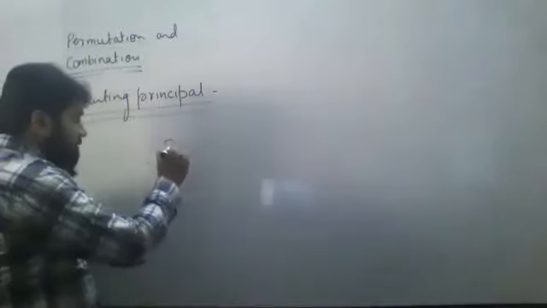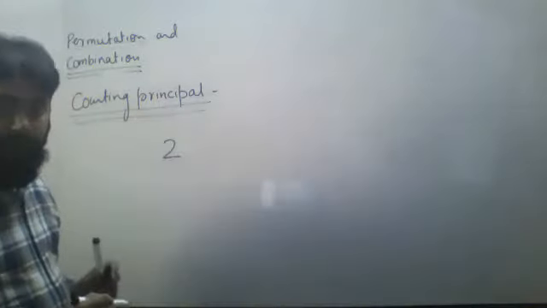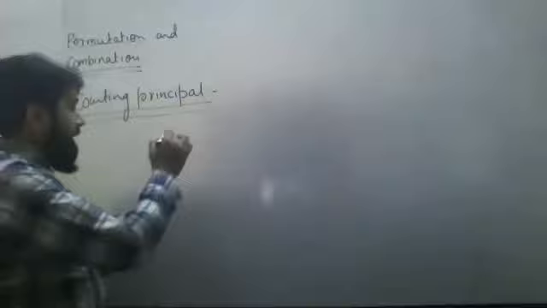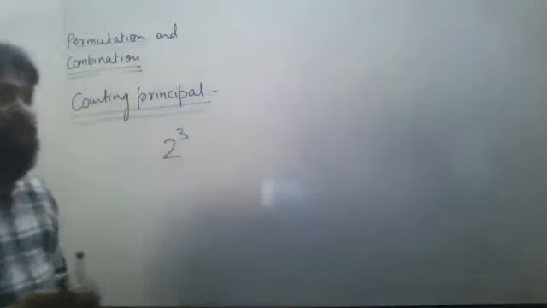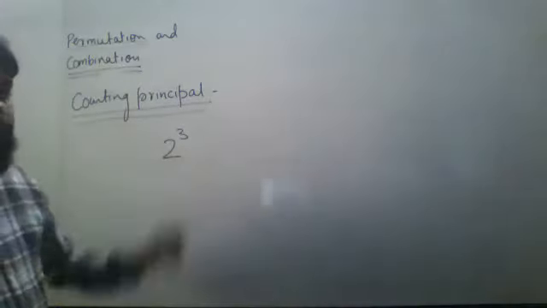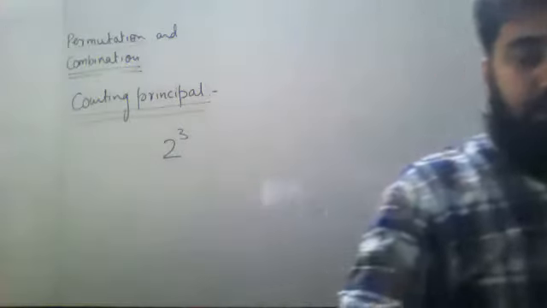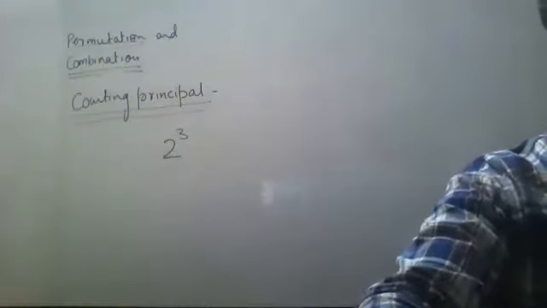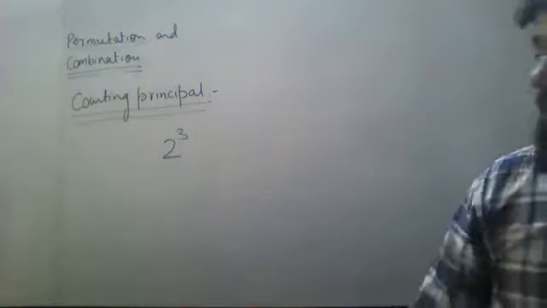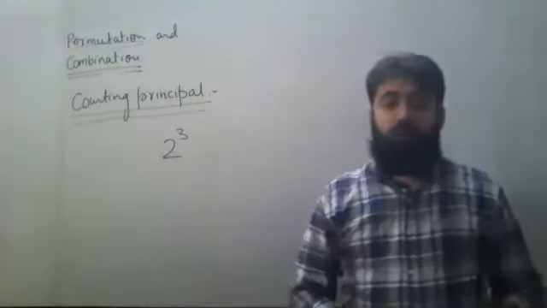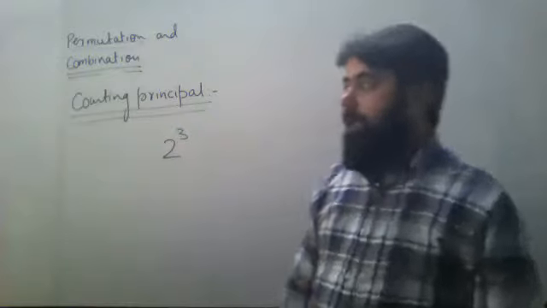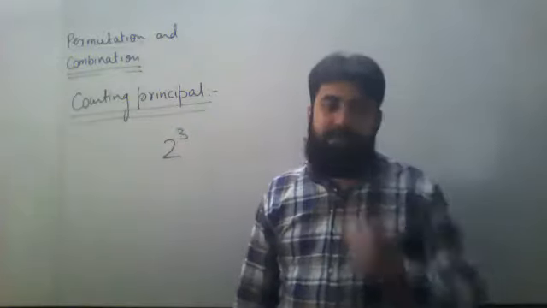I have got 2 sides on a coin. And if I toss that coin 3 times, that makes 2 to the power 3, because I am going to have repeated values over here. That's why I've written it 2 cube. One more example.